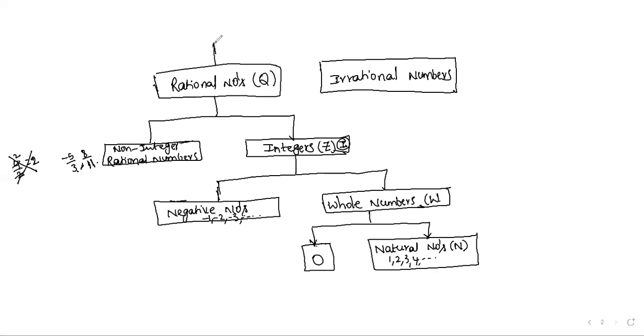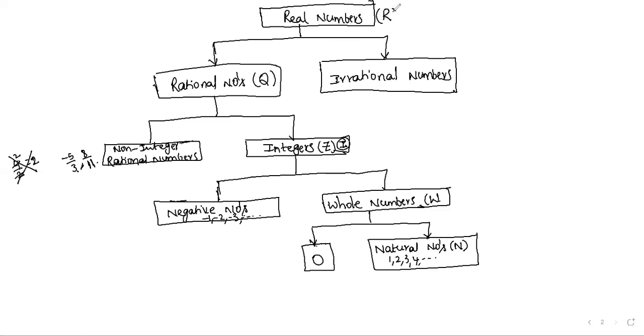Combine these two, we get real numbers. Real numbers are denoted by capital R. So this is the block diagram of the real number system.